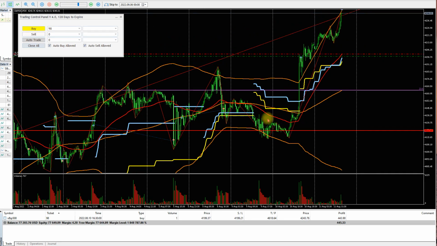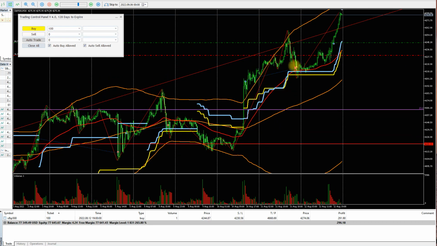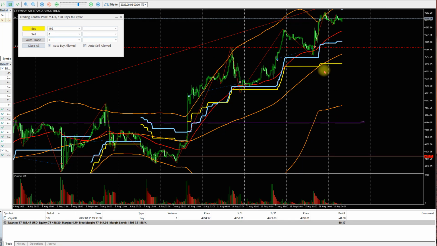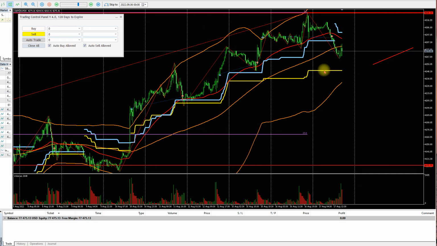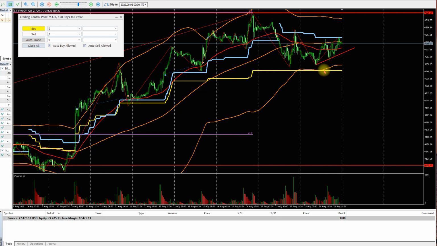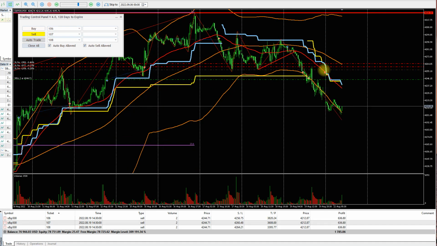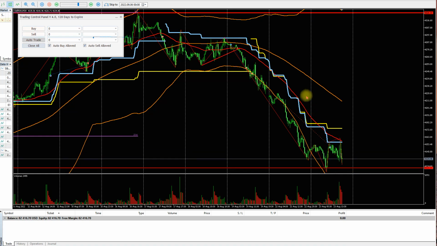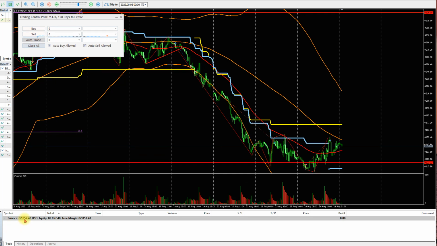Like most of the robots costing millions and millions of dollars, they're playing the same game. Again, this was a trend, and the system snapped the money from a trend, 82,000.